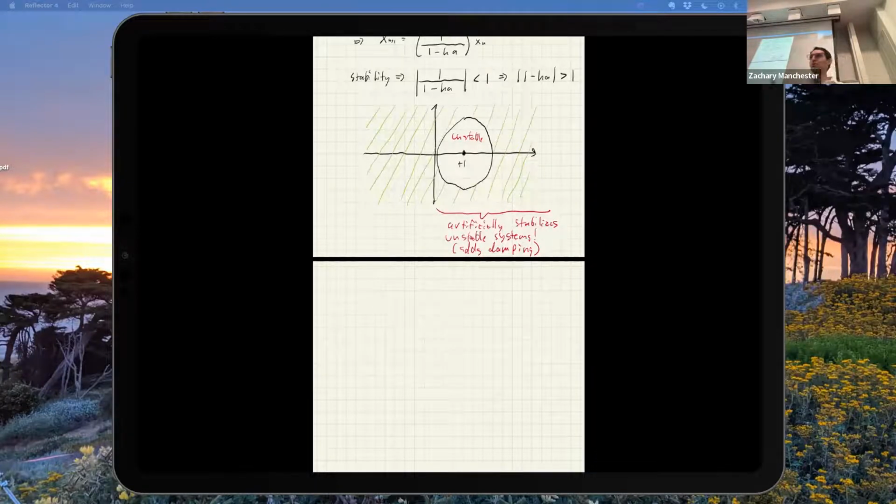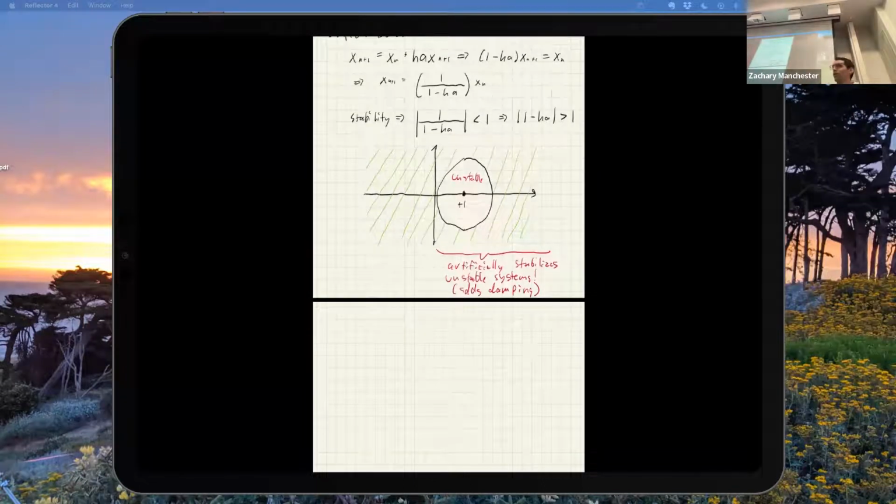So like MuJoCo, Bullet, Dart, they're all using implicit Euler basically, or something close, some variation on this. And most of them actually add additional damping on top of this to basically make sure that stupid things don't happen.